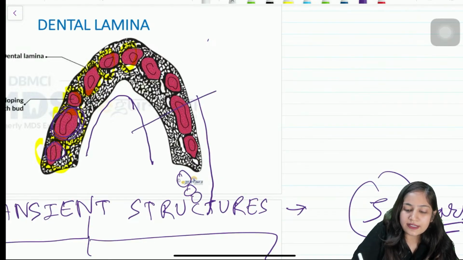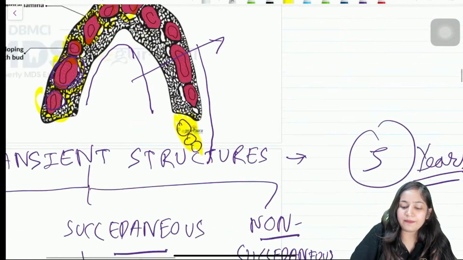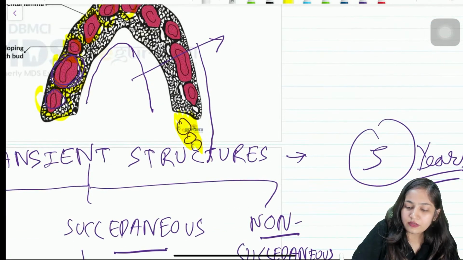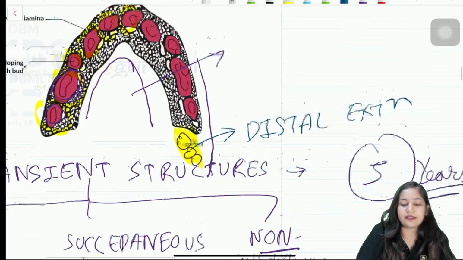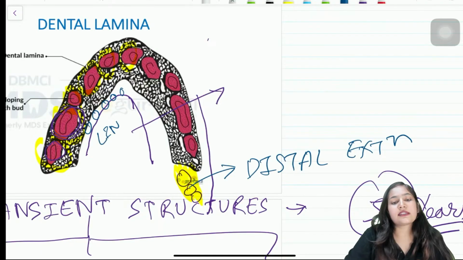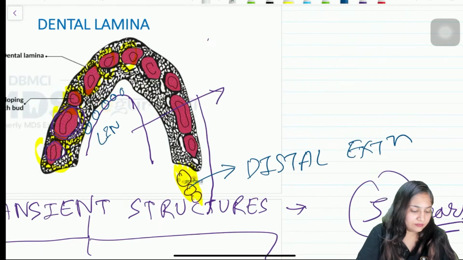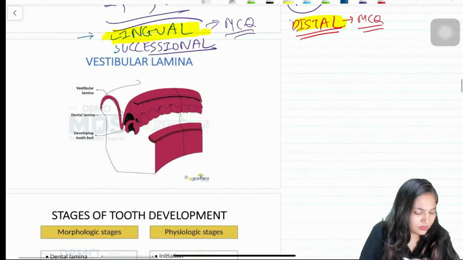This is our successional lamina, and this distal extension of the dental lamina is where molars will arise, and this is our lingual extension from which permanent succedaneous teeth will erupt. Okay. Sumaya.